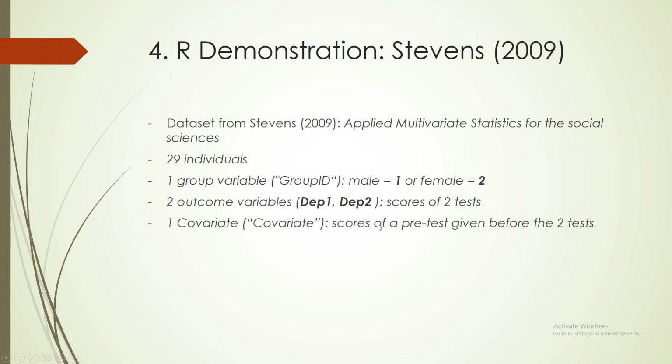So what they're trying to do is compare the scores of these two tests among the males and females in this sample. But there is a covariate that could influence the scores of these two tests, which is a pretest that was given before these two tests. So in this situation, what we want is to control this covariate, the previous test score, so that we can see cleanly how the gender of these 29 individuals influences the scores of these two tests.